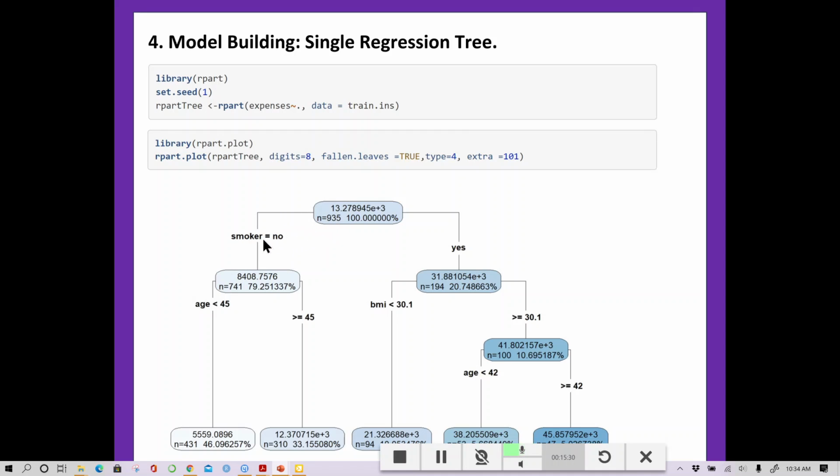And for this path, if this person is not a smoker and is aged under 45 years old, there are 431 of them in the training data set, and the predicted medical expense is $5,559.09 for the year. We have other paths too, and it's no surprise that those who smoke tend to have a higher projected medical expense for the year.